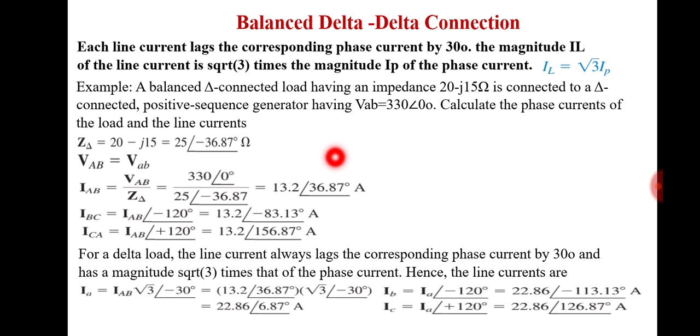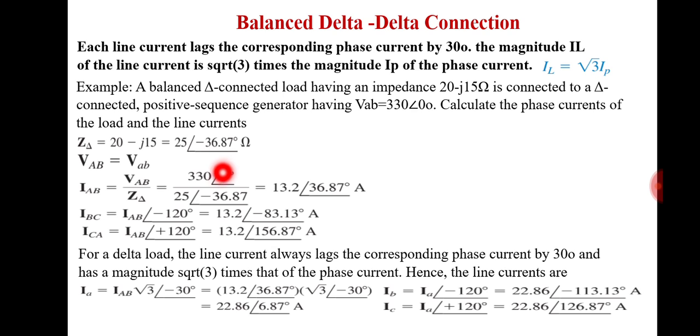So here Z delta is equal to 20 minus J15 ohm. The rectangular form is converted into polar form. Z delta is equal to 25 with angle minus 36.87 degree ohm.